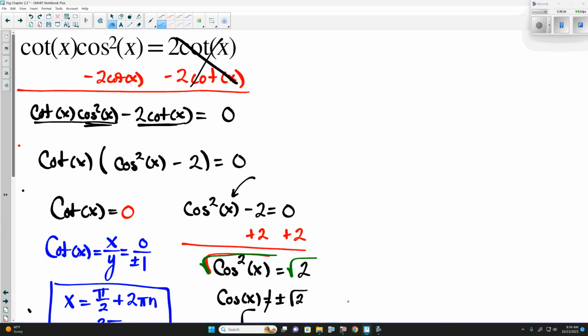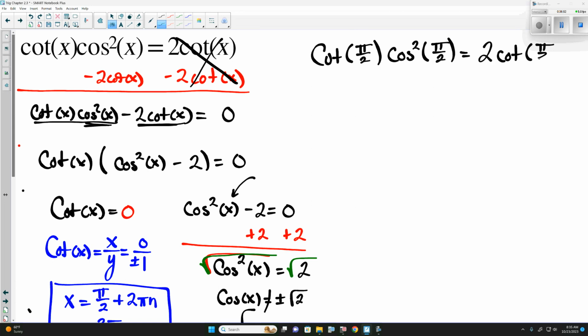It's just going to be fickle about it, mainly because cotangent of pi over 2 times cosine squared of pi over 2 is equal to 2 cotangent of pi over 2. The calculator is going to throw an absolute fit over this, or at least the 30XS is, because tangent of pi over 2 is undefined. There is no value for it. That's why it threw a fit. But cotangent of pi over 2 is 0.